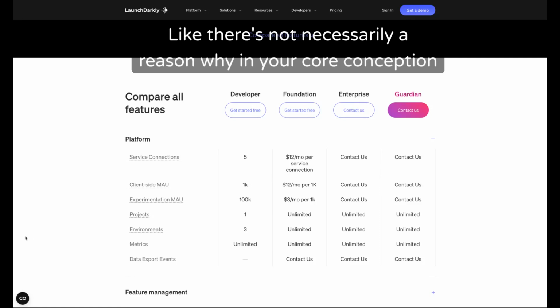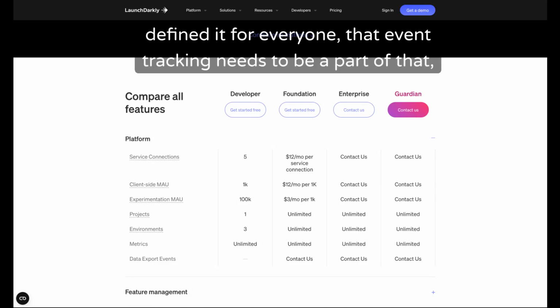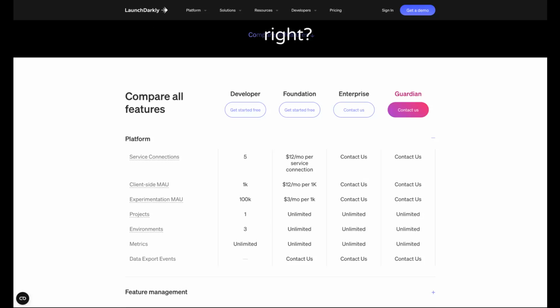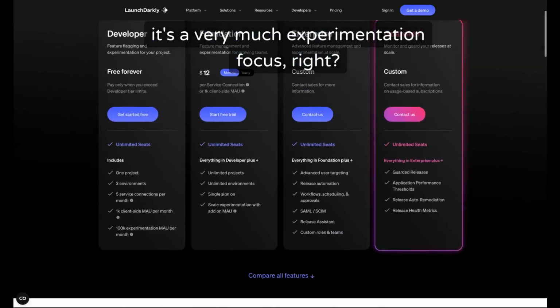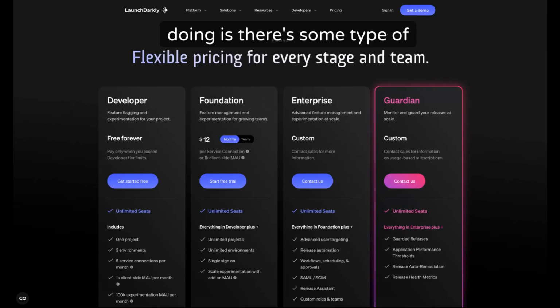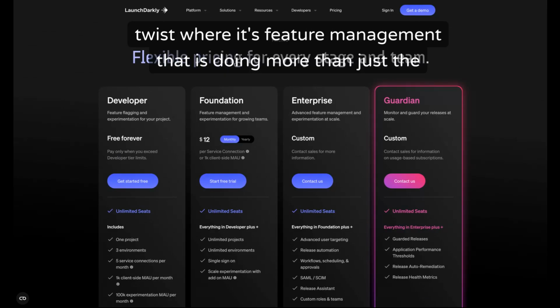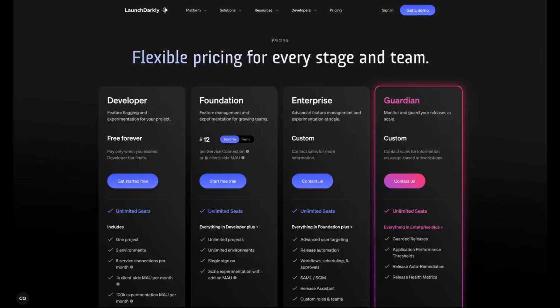There's not necessarily a reason why, in your core conception of feature management, as LaunchDarkly defined it for everyone, event tracking needs to be a part of that, right? It becomes a part of it because they're doing this twist on it where it's very experimentation focused. So that seems to be the maneuver a lot of these smaller players are doing: there's some type of twist where it's feature management that is doing more than just toggling if statements as a service thing.